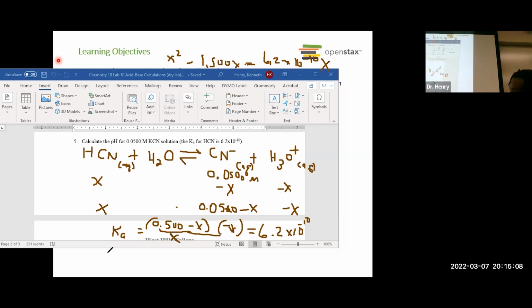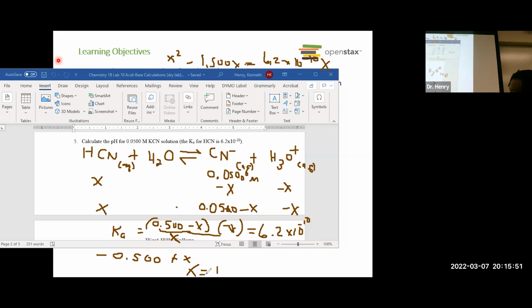So then we'll get 0.0500 minus x. So then we'll get plus. This guy will be a minus. So then we'll get x equals. Is that right? Cancel, cancel. It's minus, so then that's plus x.